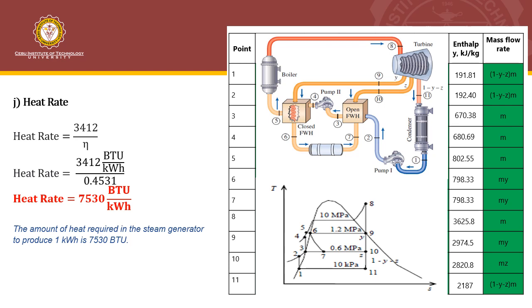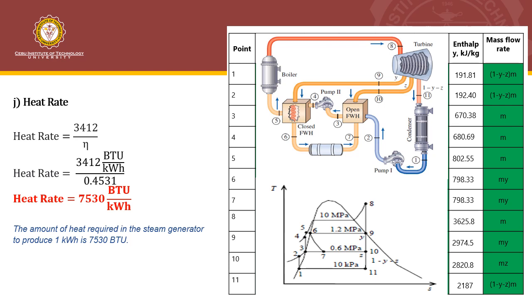So that's how you solve if there is a combination of closed and open feed water heater. You really have to analyze the given problem, whether it uses a trap, what kind of arrangement is being described based on the sentences in the given problem.